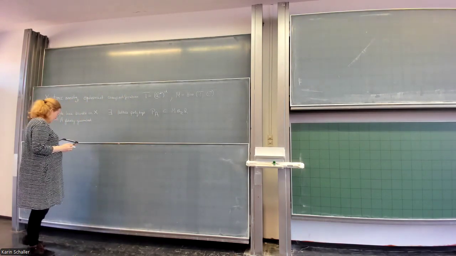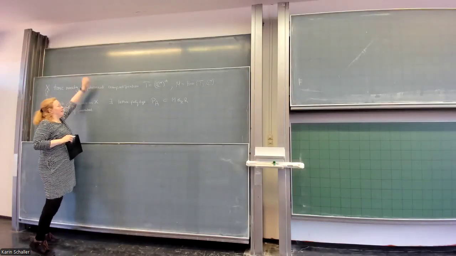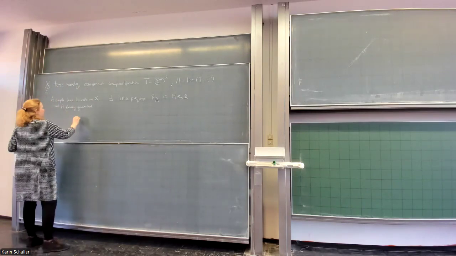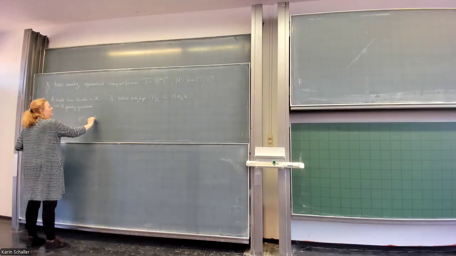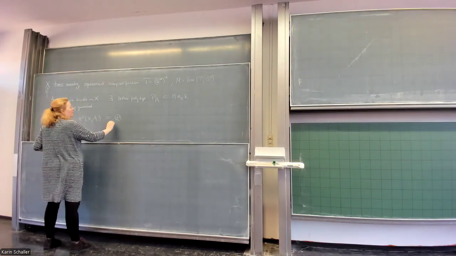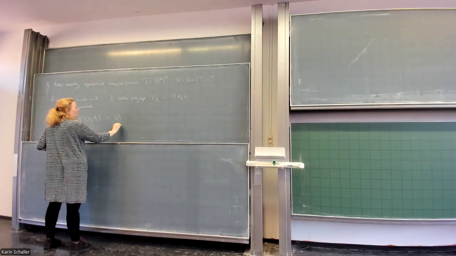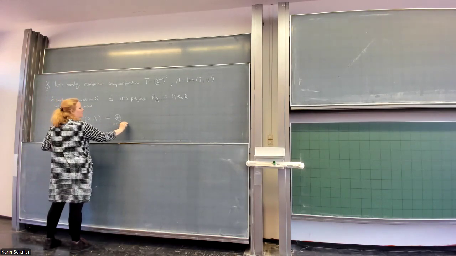And the nice thing is that the global sections of our line bundle correspond to the lattice points in my lattice polytope.